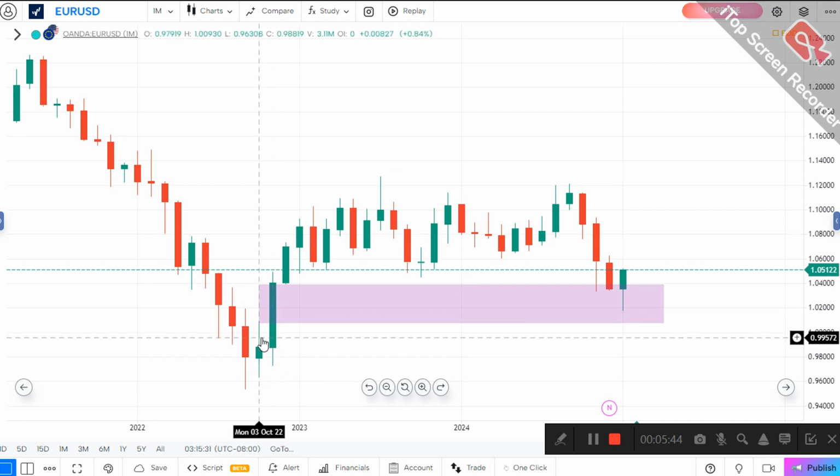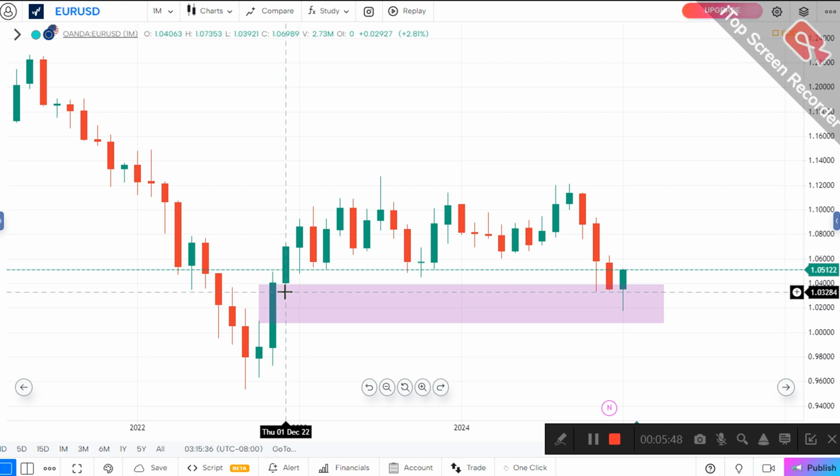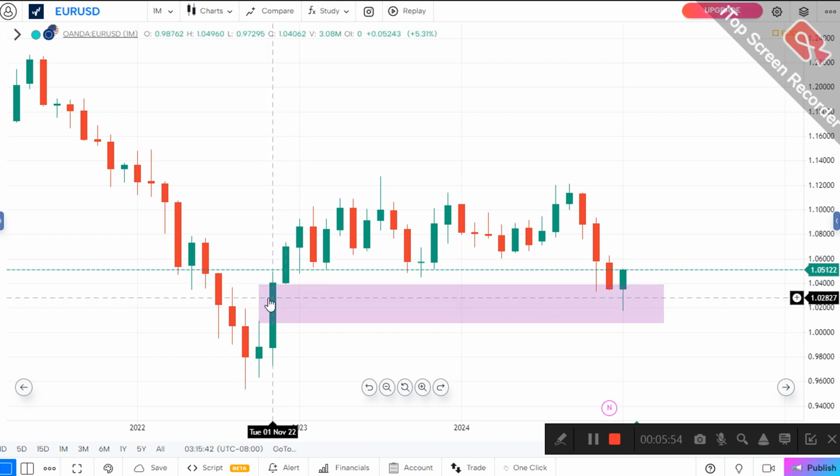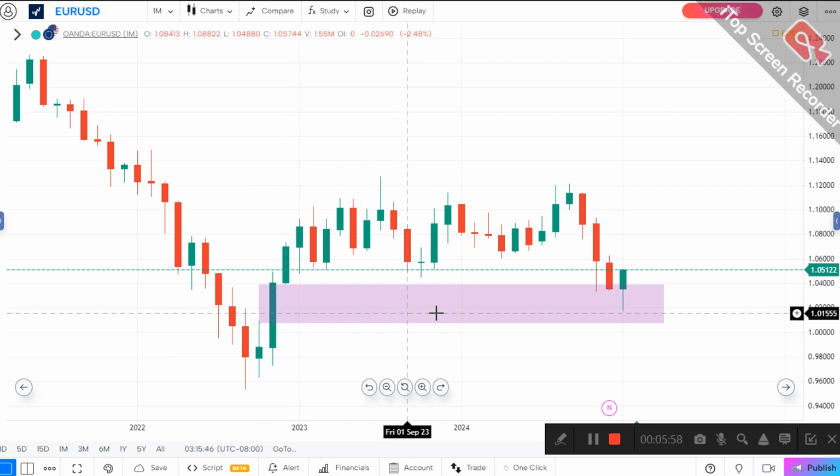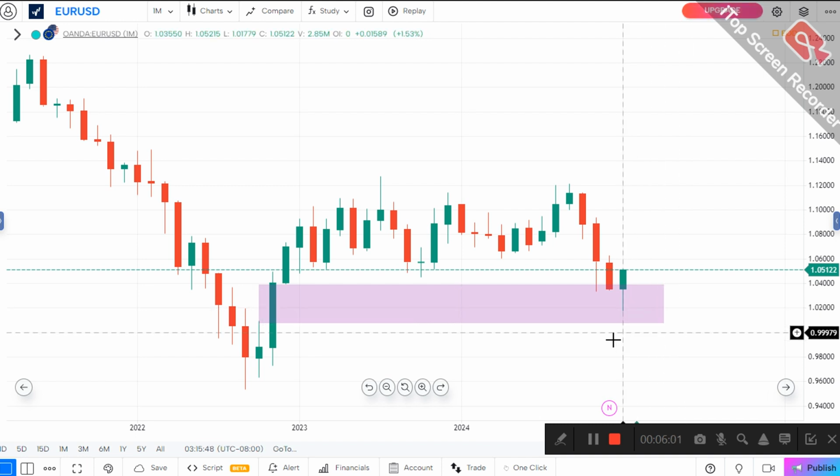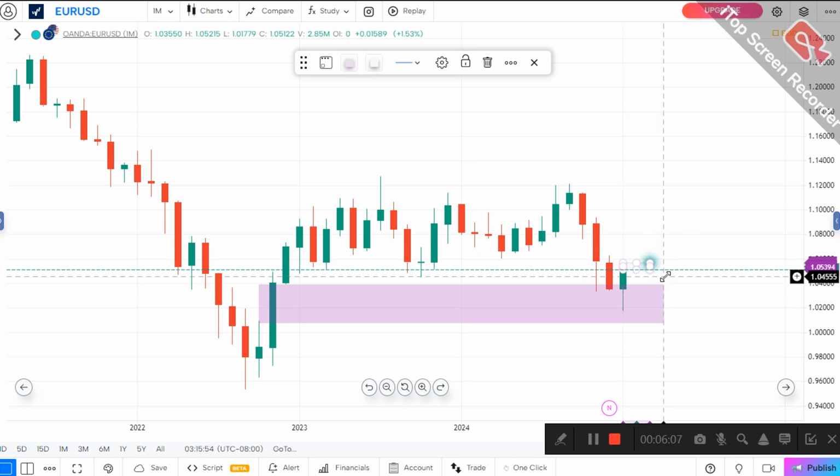This gap between the first candle wick and the third candle low or wick. This is the gap left by the second candle. We expand the fair value gap, the same zone, into the upside. This is our fair value gap.